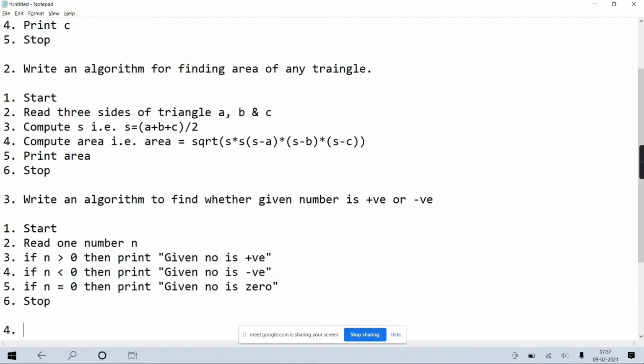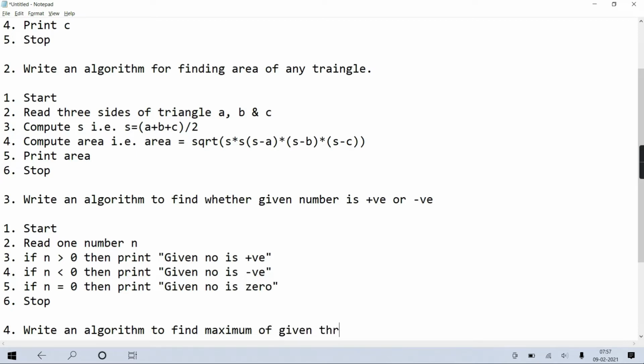Now suppose I give you 2 minutes. Write an algorithm to find the maximum of given 3 numbers.